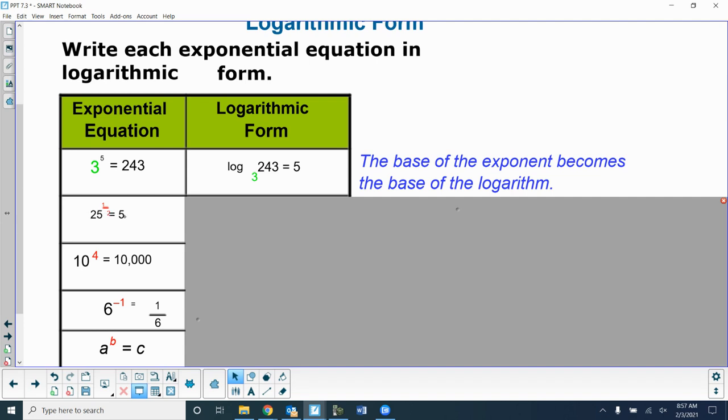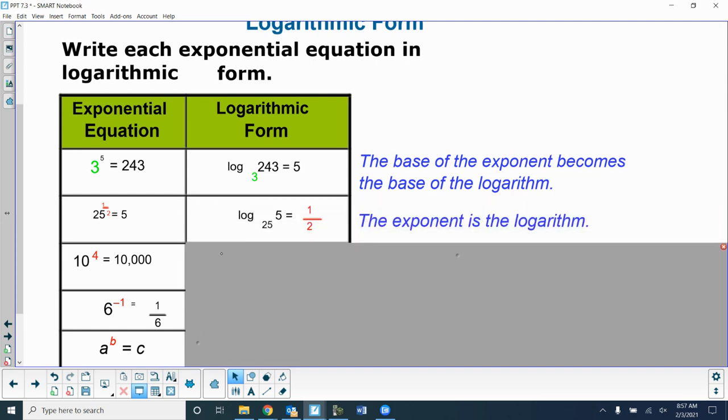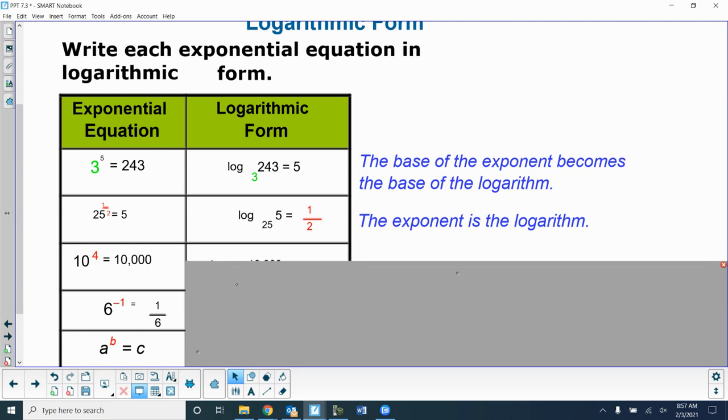So that says 25 to the 1/2 power equals 5. So what's the base? 25. Right, so log base 25 of 5 equals 1/2, the exponent. Danny, log base 10 of 10,000. Good.